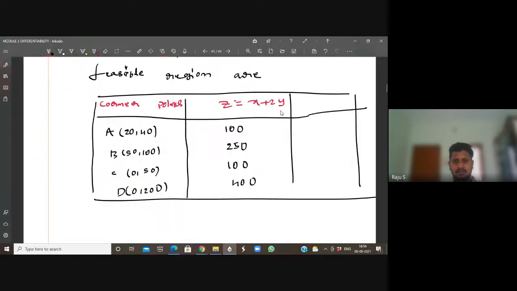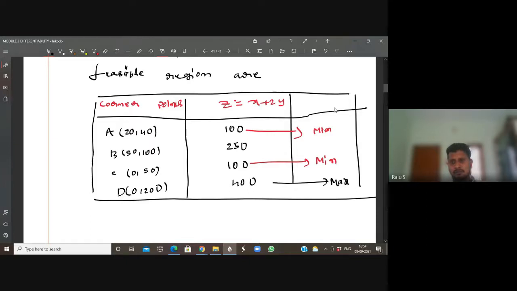So what about here, students? What is the minimum value? We proved here that the minimum value is 100 at 2 different points. This is the minimum value, here also it is minimum. What is the maximum? There exists only one maximum. The maximum value is 400.